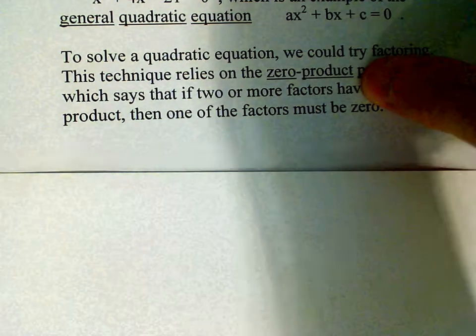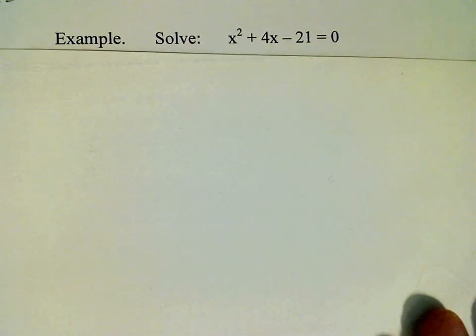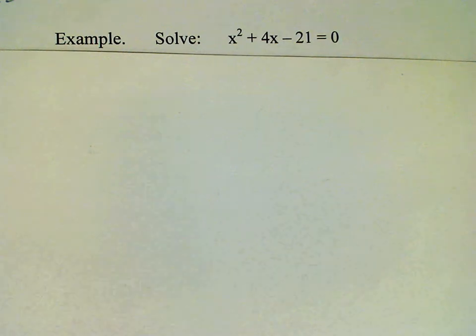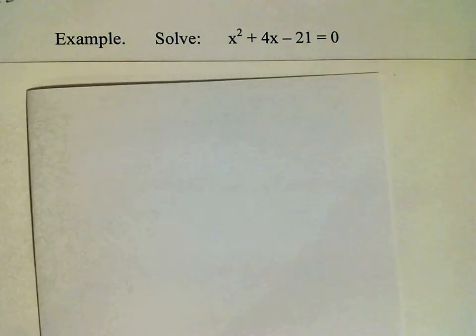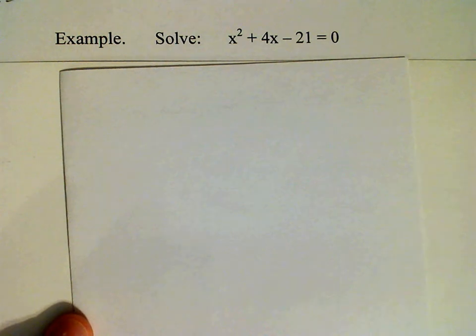So let's go ahead and solve this example. We have x squared plus 4x minus 21 equals 0. Now, to use the 0 factor property, we have to write this quadratic expression in factored form.